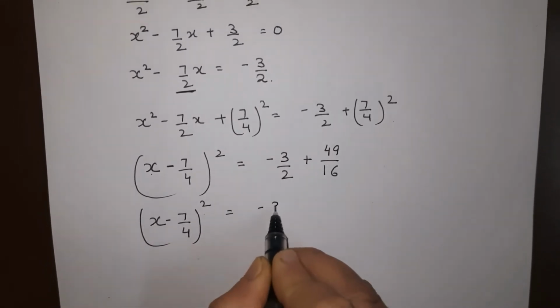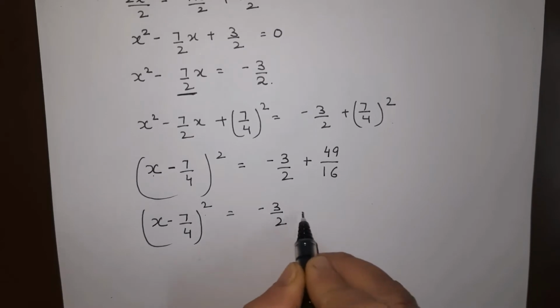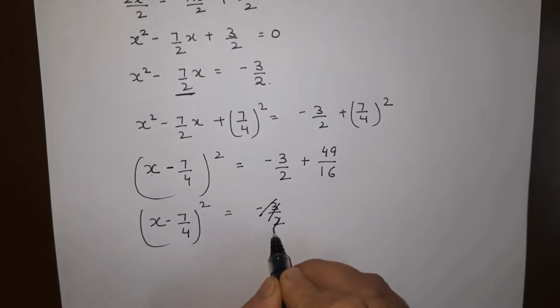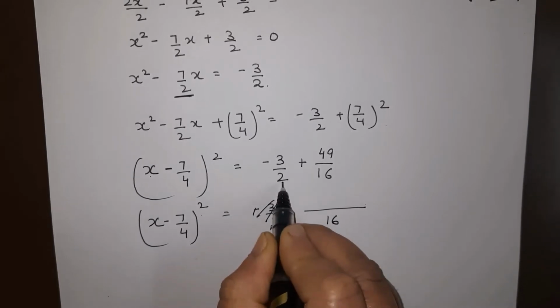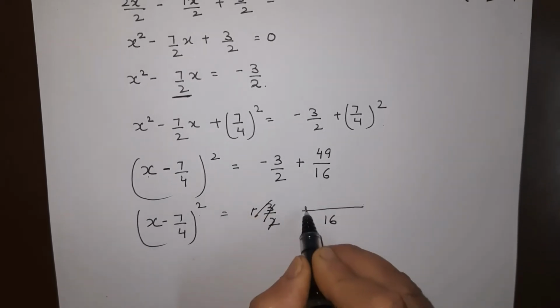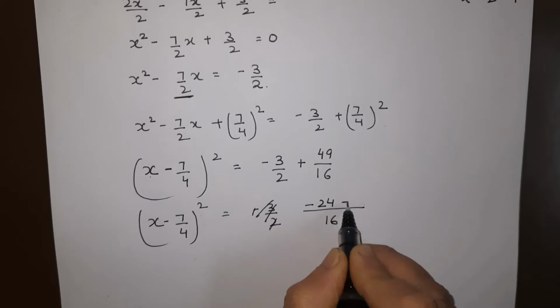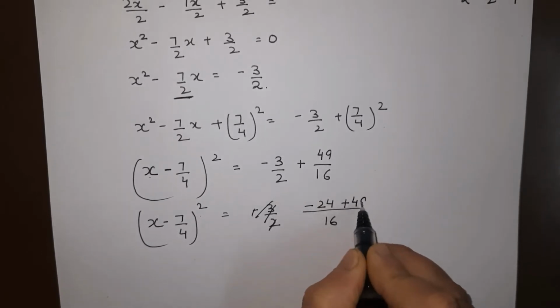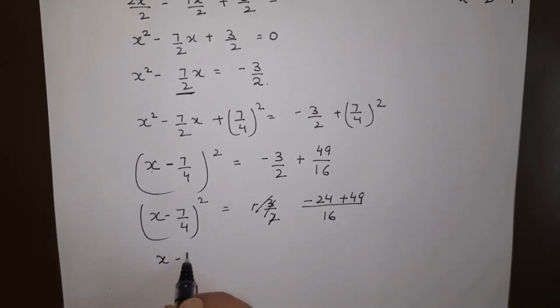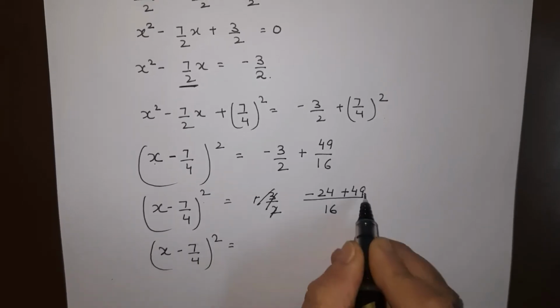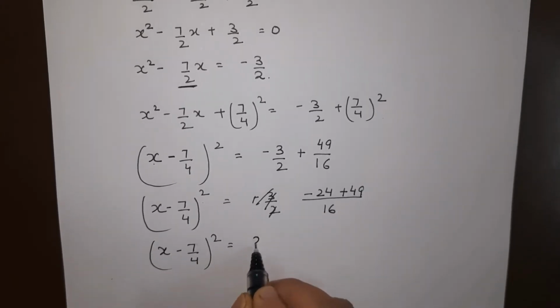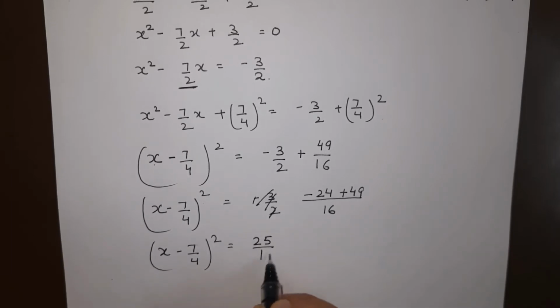So this is minus 3 by 2, or we can take the LCM over here. LCM is 16. 16 divided by 2 is 8. 8 into 3 is minus 24 plus 49. So this is (x minus 7 by 4) whole square, which is 49 minus 24, that is 25 by 16.